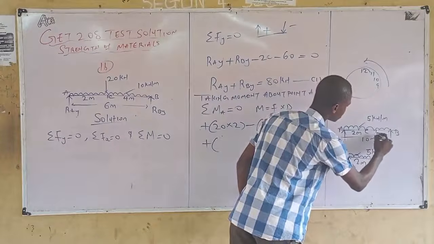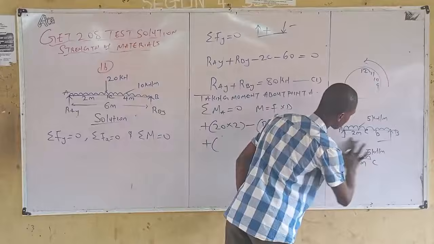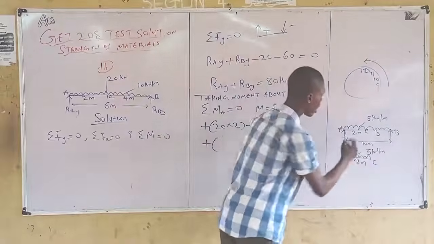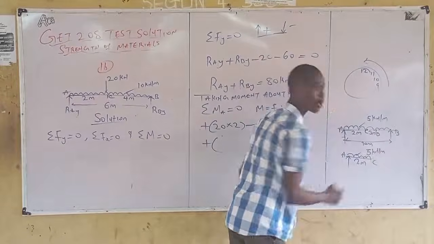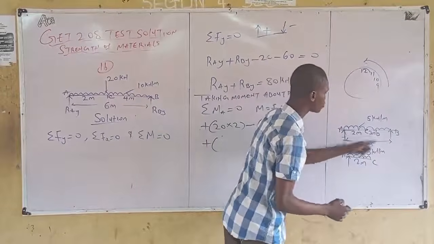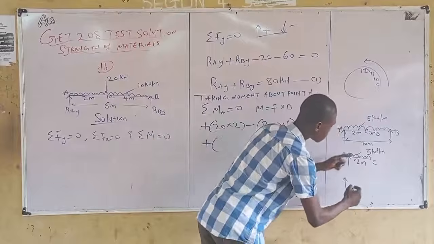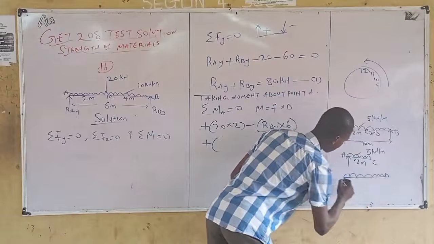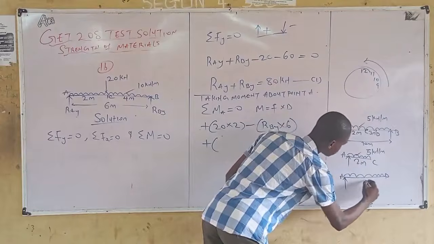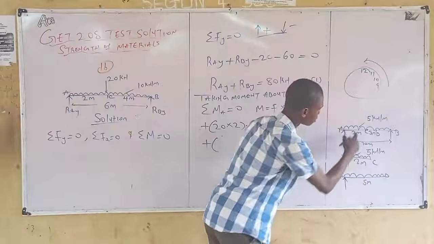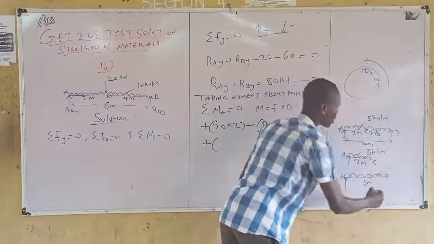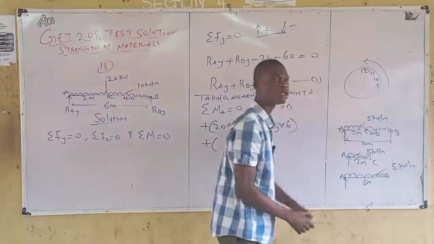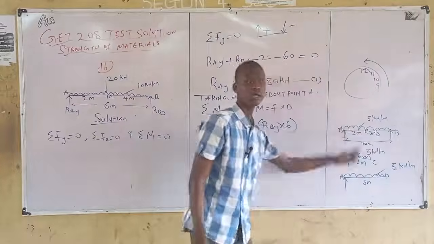Call this place D, and call this distance 3 meters. Now I'm considering from A to D. The A to D will be 5 meters. If I'm telling you that the intensity is still 5 kilonewton per meter, what can you deduce from here?